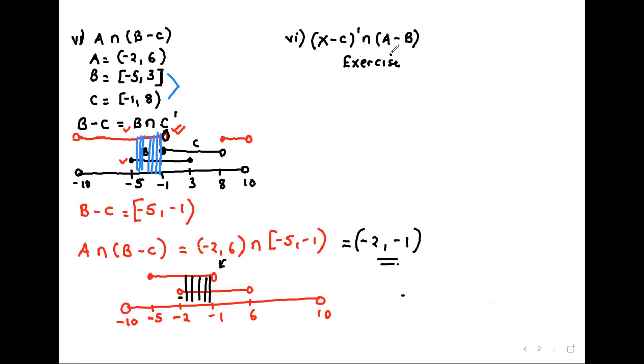Then intersection, you get A minus B again. You intersect. Let's see who gets it correct. You solve it and post the answer in the group.